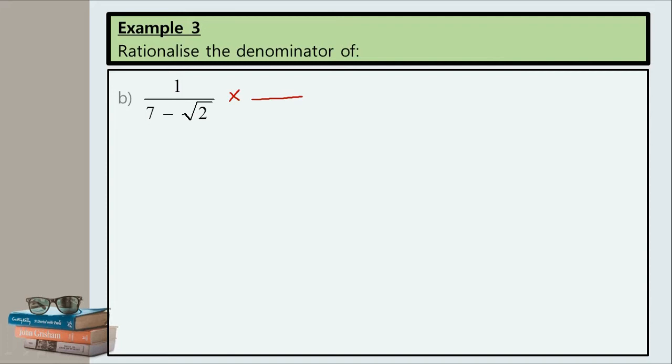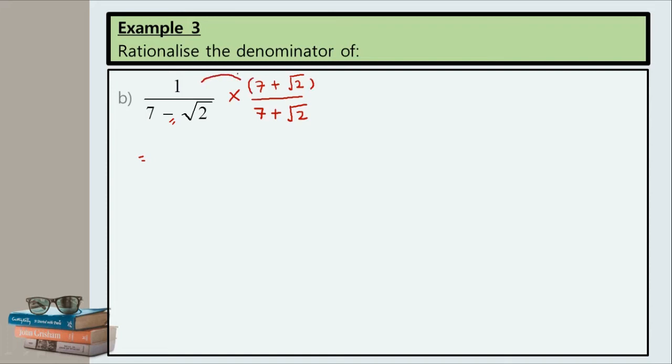Jadi, our conjugate is 7, okay, so negative. That's why kita kena plus surd 2. Since bawah kita darab dengan 7 plus surd 2, atas pun kita dah kena darab dengan 7 plus surd 2. And then expand carefully.